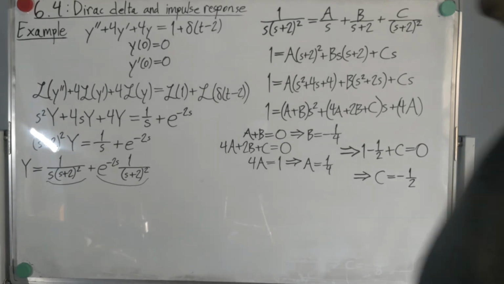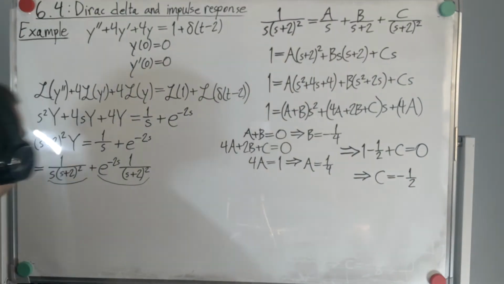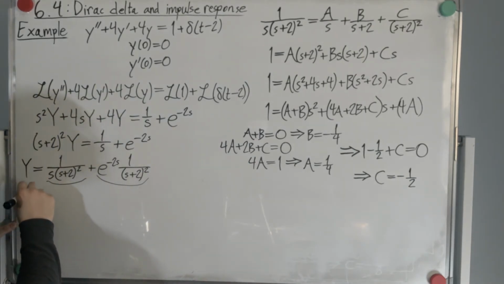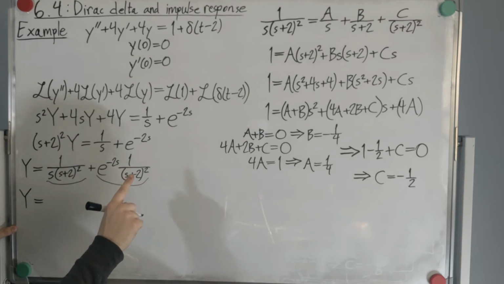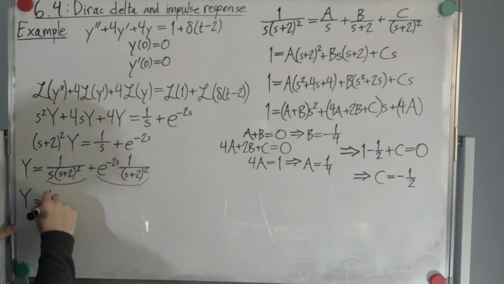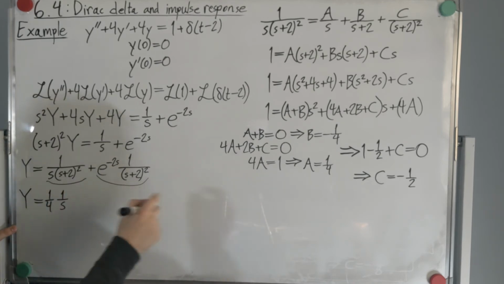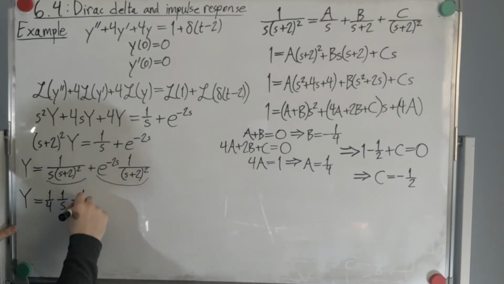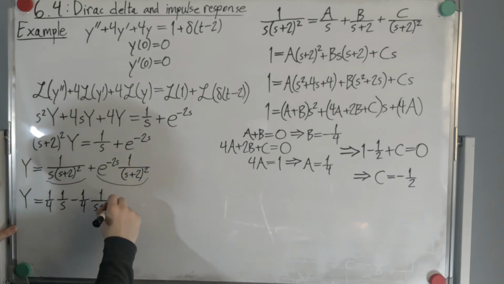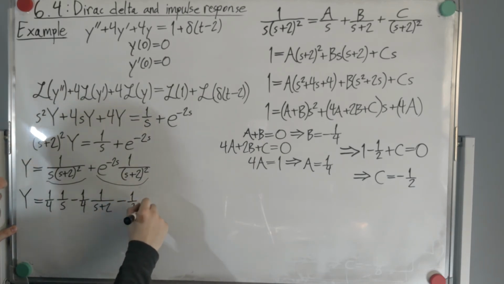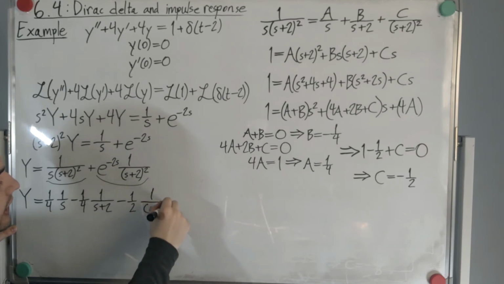Okay, and so that gives us the first term here, capital Y equals 1/4 times 1 over s, minus 1/4 times 1 over s plus 2, minus 1/2 times 1 over s plus 2 squared.